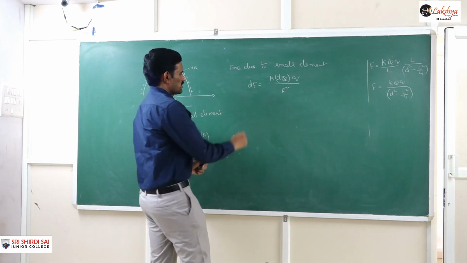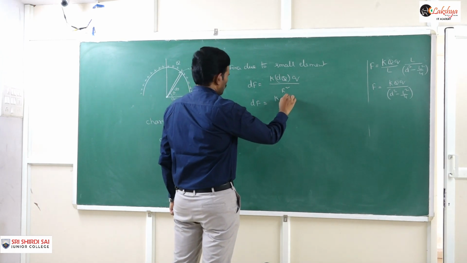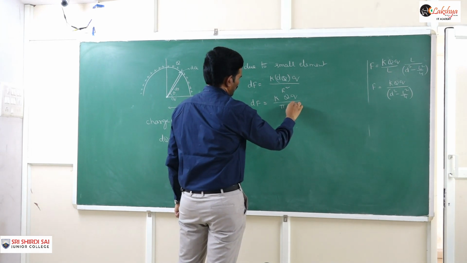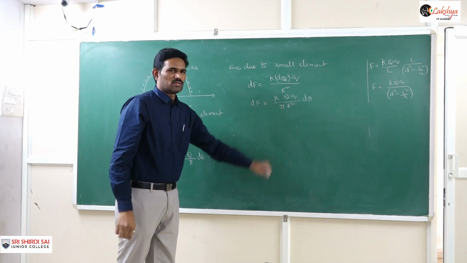The dq value you can substitute here. So I can write this as k into Q into q by pi r square into d theta, by substituting dq as Q by pi into d theta.